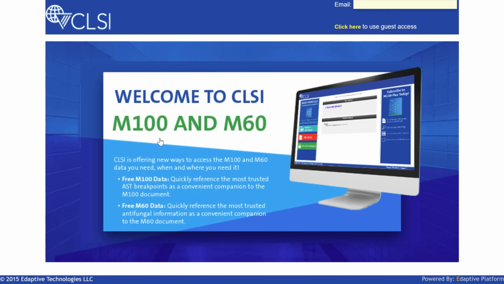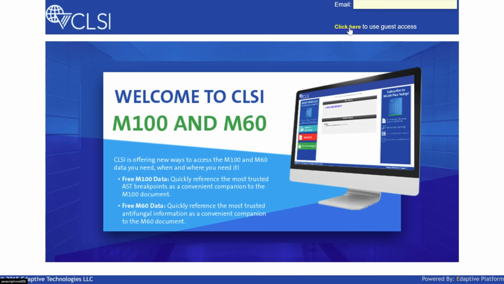So if you click the link, you will go to CLSI's website where they will host the M100 document. The M100 document is the one that has interpretive criteria for all antibiotics. So it doesn't have antifungals or antivirals. It's specifically gram positive and gram negative organisms.